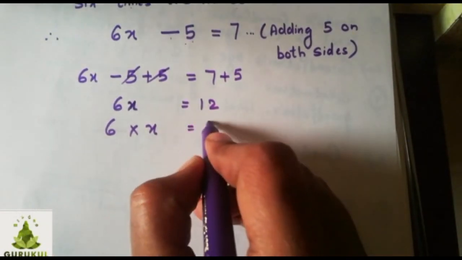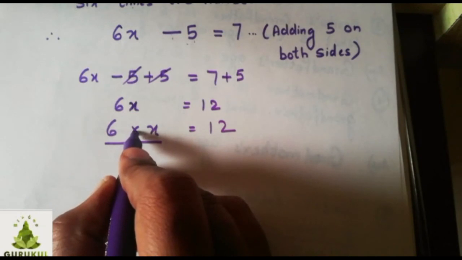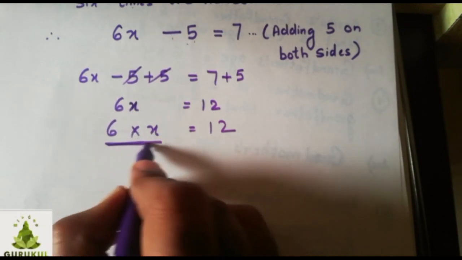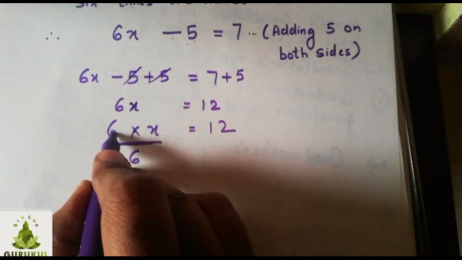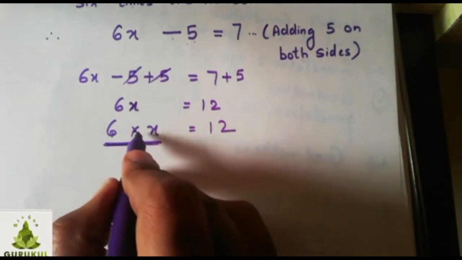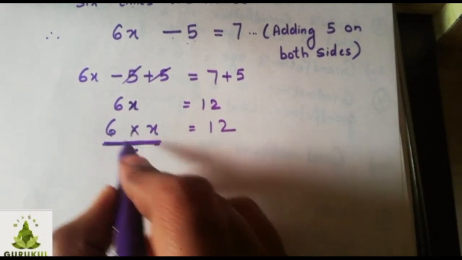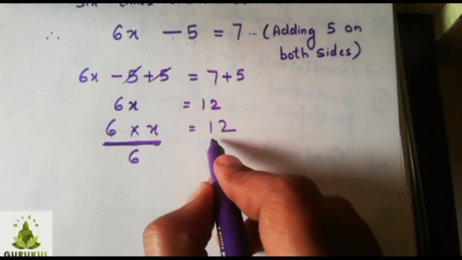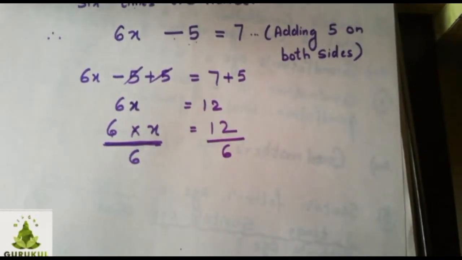How will I remove it from this side? Divide. Multiplication's opposite is division. Divide by 6. Here it is multiplied by 6, so I wrote it in the denominator here. If I divided here by 6, on the RHS also you should divide by 6.